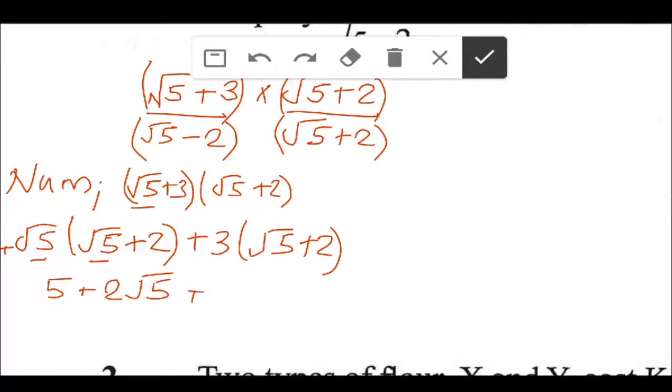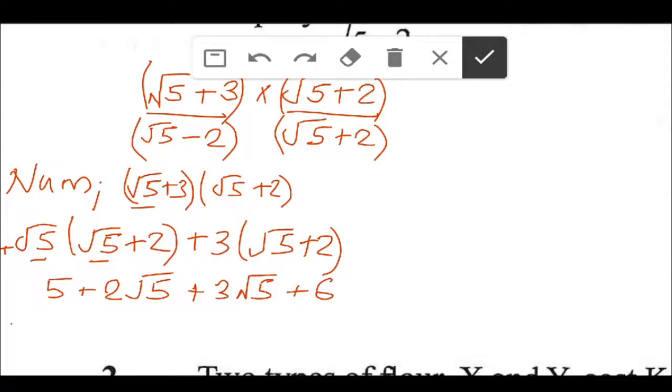Plus 3 times root 5 will be plus 3 root 5, and 3 times 2 will be plus 6.